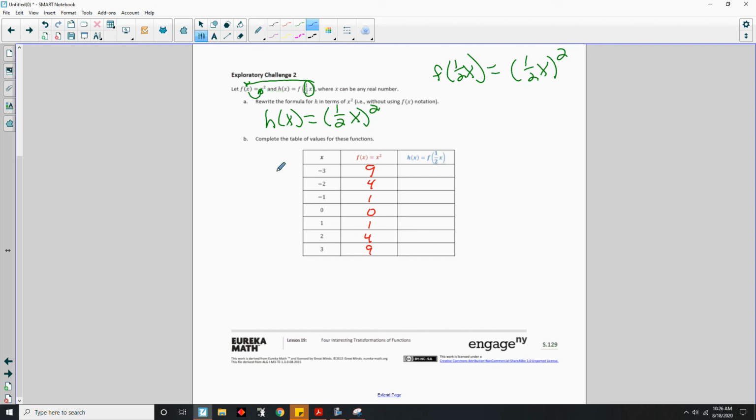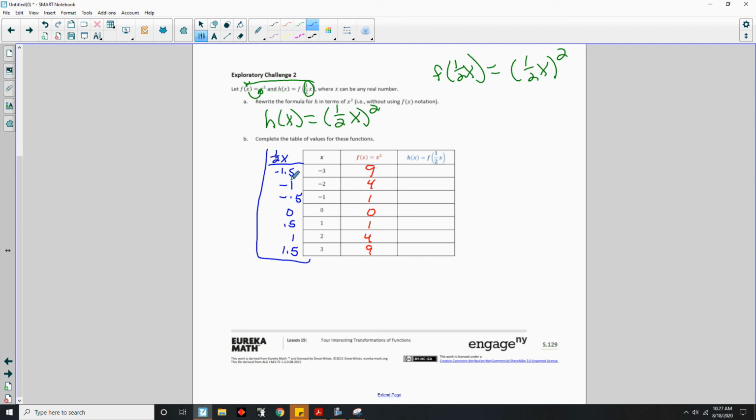So I'm going to do a column with 1/2 x, just so you see where these values are coming from. 1/2 of -3 is -1.5. 1/2 of -2, 1/2 of -1, 1/2 of 0, 1/2 of 1, 1/2 of 2, 1/2 of 3.